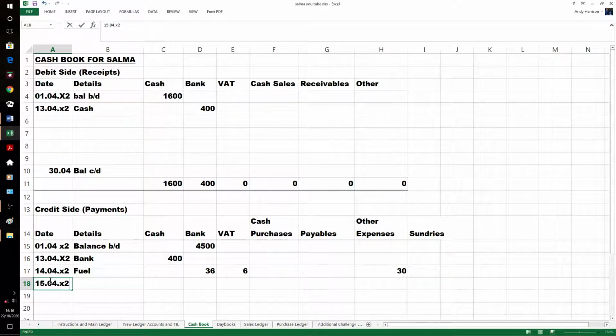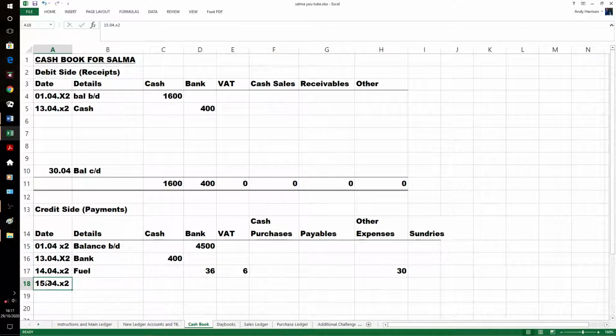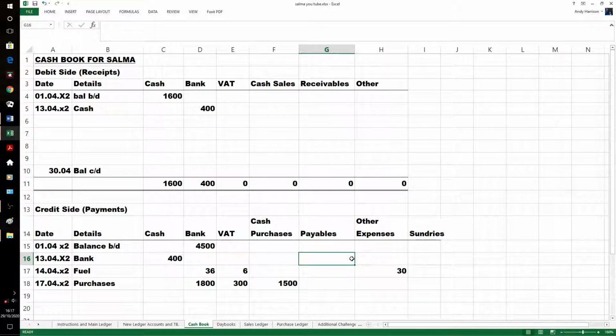Not sure I got the date right. Got the date 13th. No, it was the 17th, wasn't it? So we're still using debit card. £1,500 plus VAT is £1,800. And that of course will be analysed in our cash purchases.